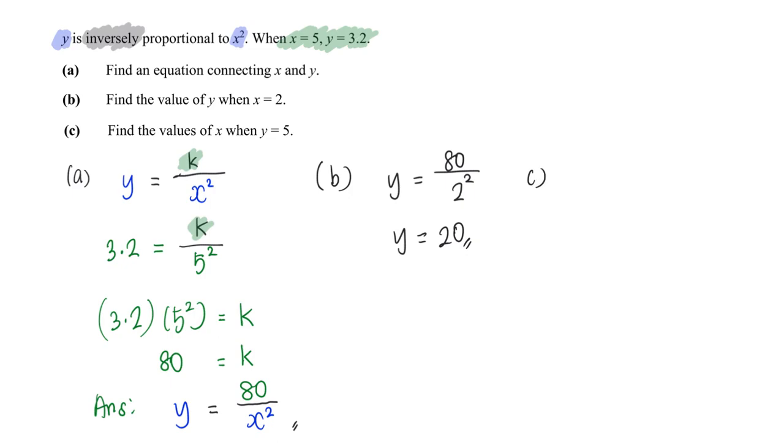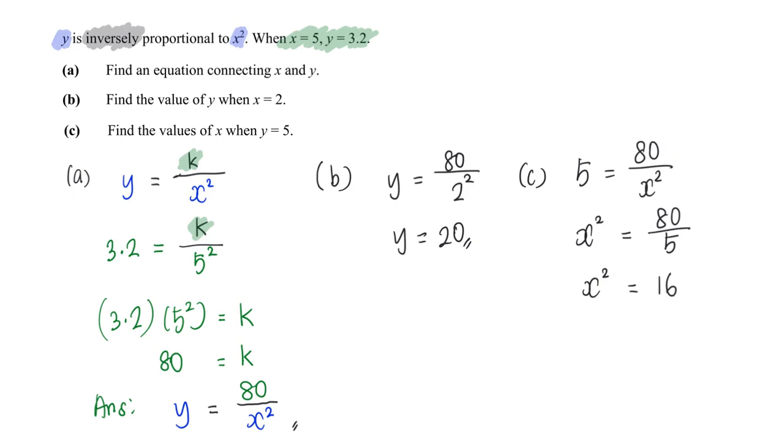For part C, find the value of x when y is 5 now. So I'm going to multiply x squared on both sides. And I'm going to divide by 5 on both sides. And so I will be able to get that x squared is equal to 16.